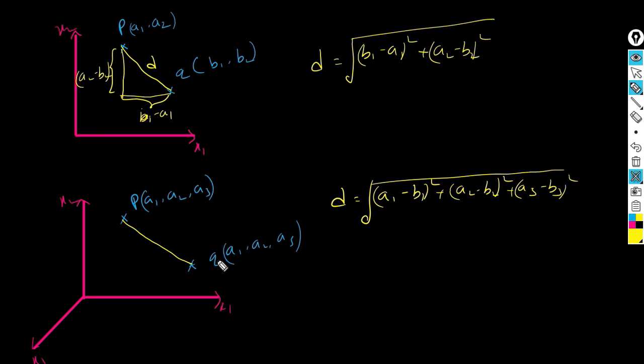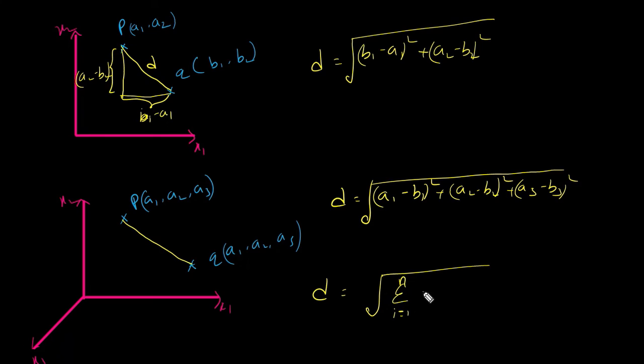Okay, similarly if we have n dimensional space, at that time the distance is equal to the square root of the sum for i equal to 1 to n of ai minus bi whole square.